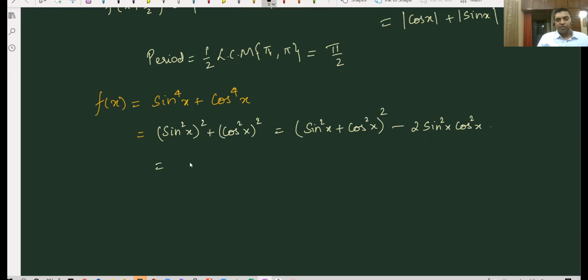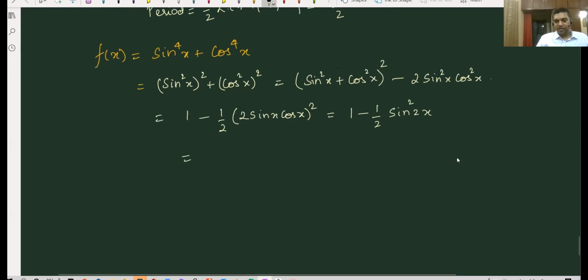Now sine square x plus cos square x is 1, minus. Now I multiply and divide by 2 to make this as 4. So I get 2 sine x cos x the whole square. So I get 1 minus half sine square 2x. Now from multiple angles, we know that cos 2a is 1 minus 2 sine square a.